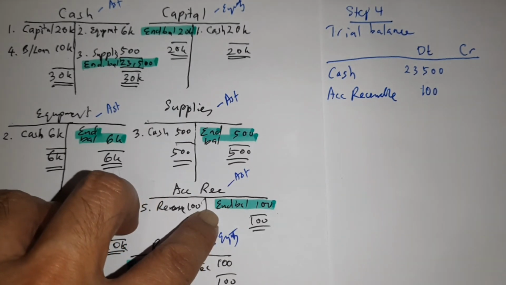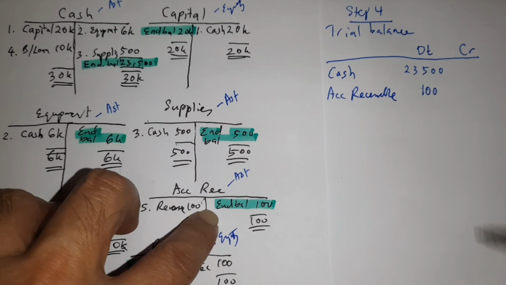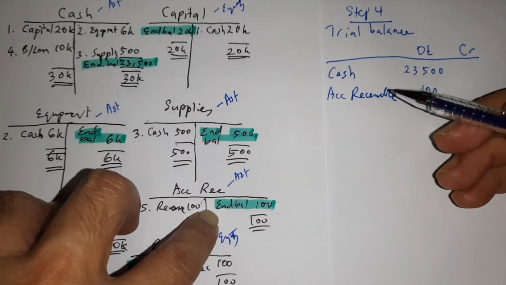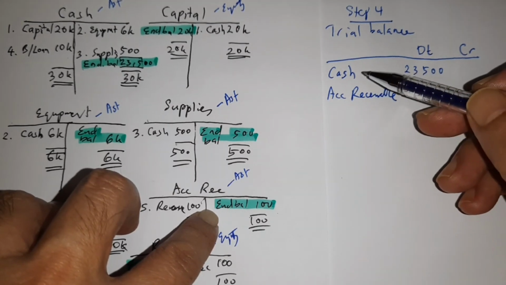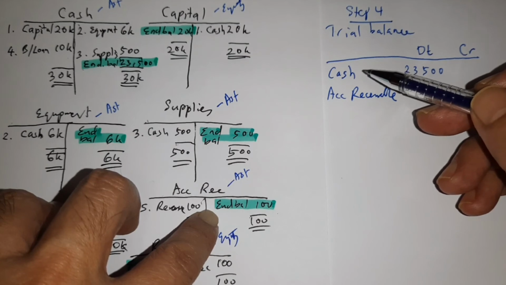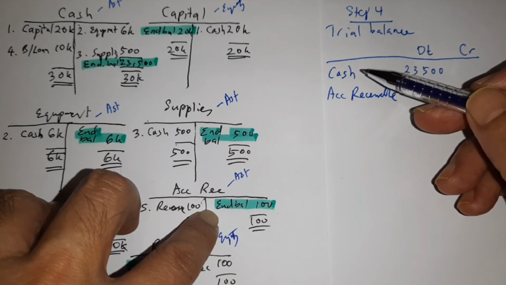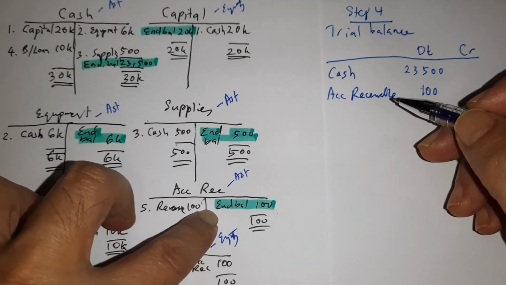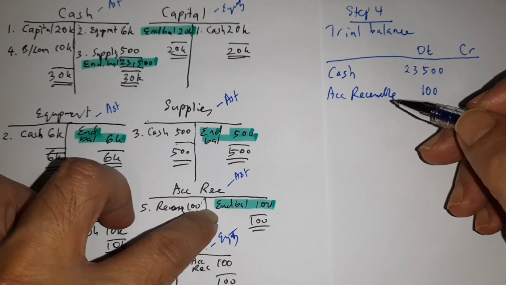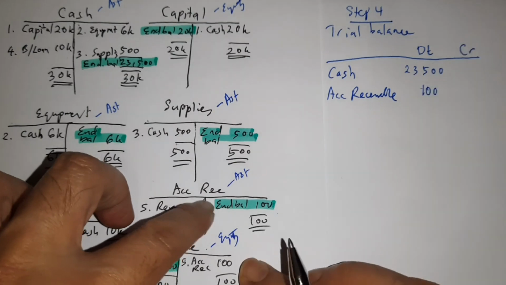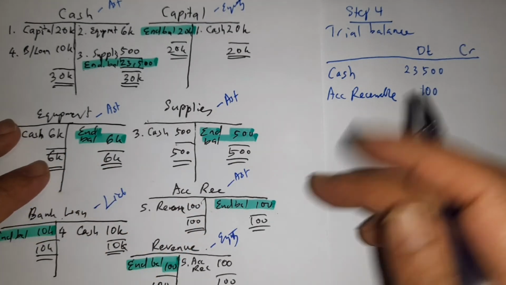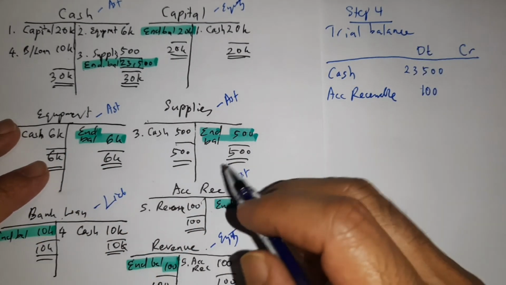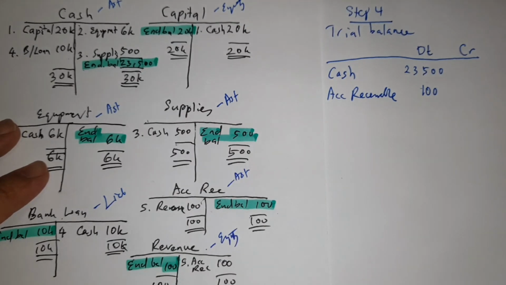You have to list the accounts according to the liquidity of the account. So cash is the most liquid asset, so you should show cash first, and then I think the account receivable is the second most liquid asset. Then you show the account receivable, and let's see the next one. The next one is supplies.